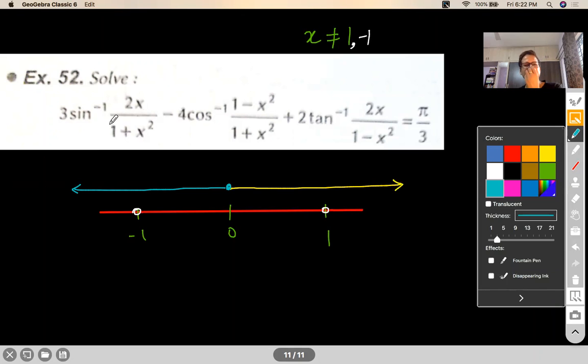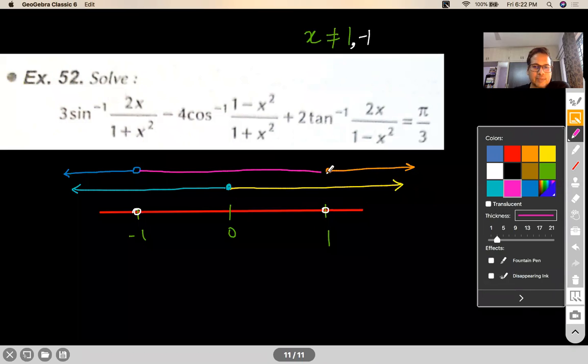Tan inverse and sine inverse, these two more or less have the same intervals, right? So I don't have to worry much about them. So I can basically use these colors. Maybe I'll need a pink.